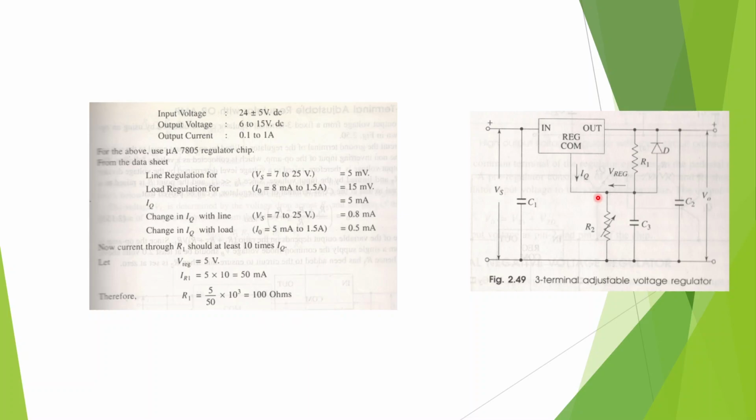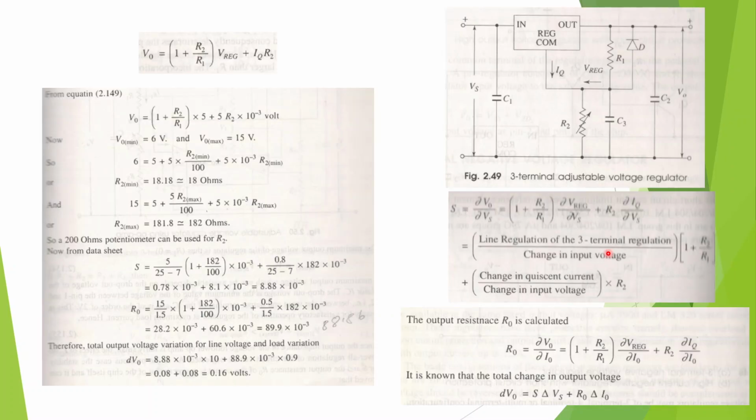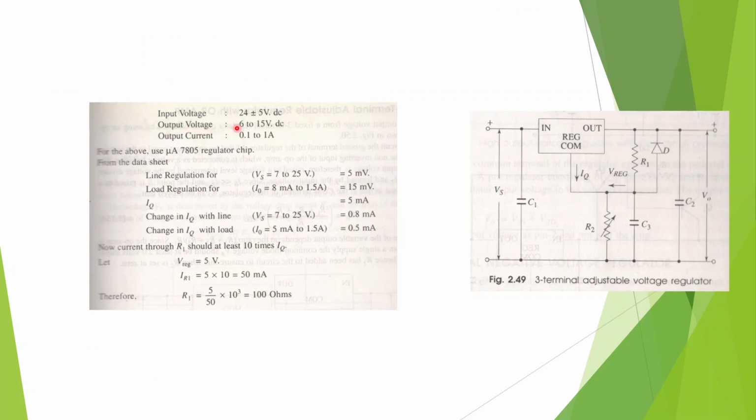So after calculating R1, which is a fixed resistor, we need to calculate R2. As you see, R2 is a variable resistor, so we will have to calculate the lower limit of R2 and the upper limit of R2. We have our output voltage equation given here. First we will see what is the minimum output voltage given. Here the minimum output voltage is 6 volt.